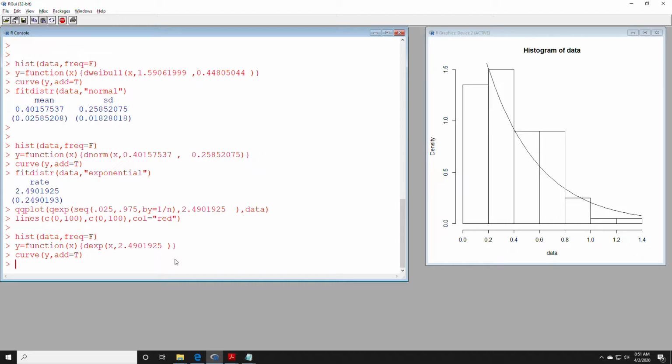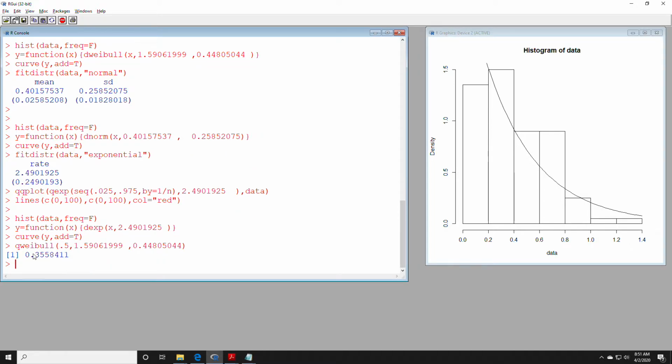And we can easily figure something like that out, right? qweibull, median amount of time, that's the 50th percentile, right? 0.5 quantile, and we have shape and scale from our maximum likelihood estimates. And bam. So 0.36, assume we're talking about years, is the median amount of time until a bridge cable needs to be replaced.